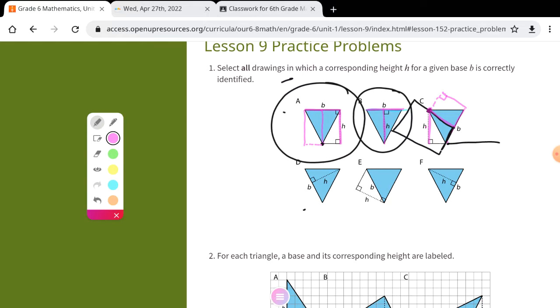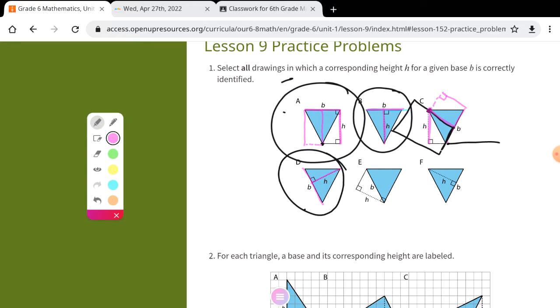Okay, let's look at D. Highlight the base. Highlight the height. Do we see a right angle? Yes. D is good. What about E?